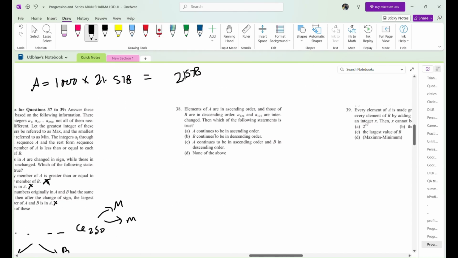Elements of A are in ascending order and those of B are in descending order. A124 and A125 are interchanged, then which of the following statements is true? If elements of A are in ascending order, then the last term A124 should be the largest term.